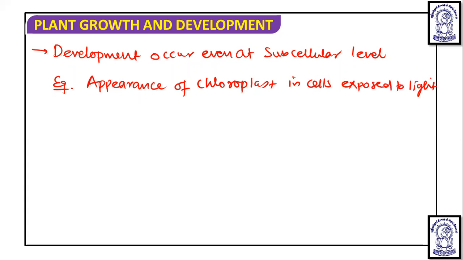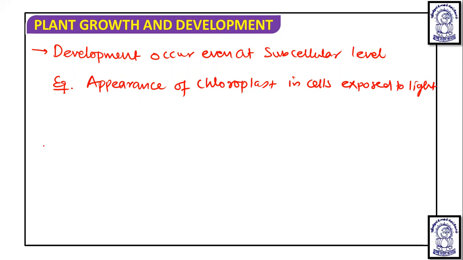Whenever cells are exposed to light, chloroplasts appear. So it is one of the developmental events. And obviously the last phase of development is senescence, and this senescence leads to death. So these are some of the things.